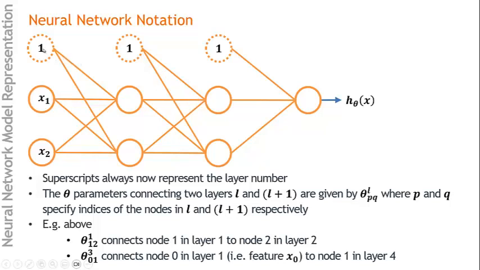Now we indicate the 1 node by the index 0. So for instance, theta 1, 1, 2 connects node 1 in layer 1 to node 2 in layer 2. That's this one here. Theta 3, 0, 1 connects node 0 in layer 3 to node 1 in layer 4.